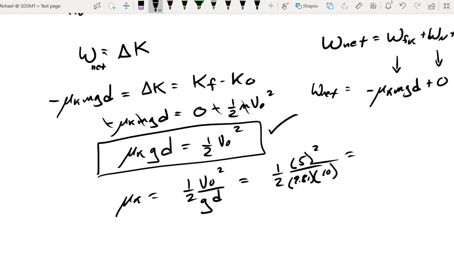So we can start our mass off with 5 meters per second, and whatever this new surface is, we can measure the displacement until it comes to a stop. In this case, we said it was 10 meters. And we end up with a new kinetic coefficient, which is less than half of what the previous one was.